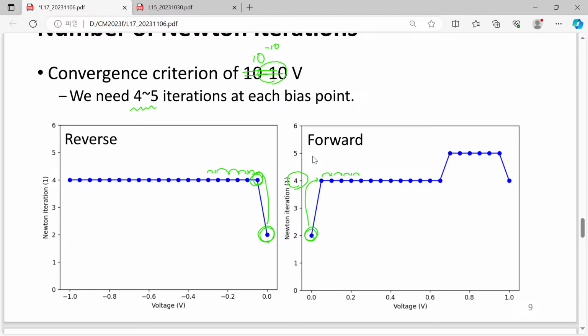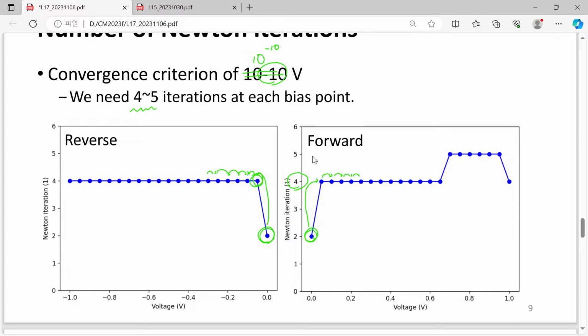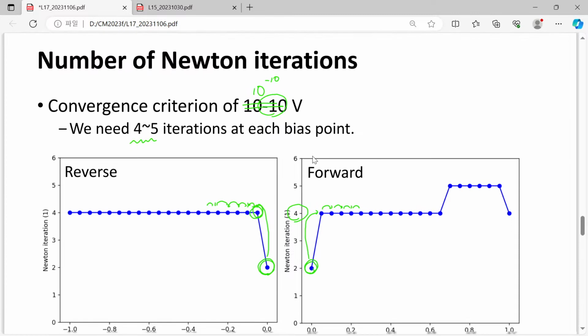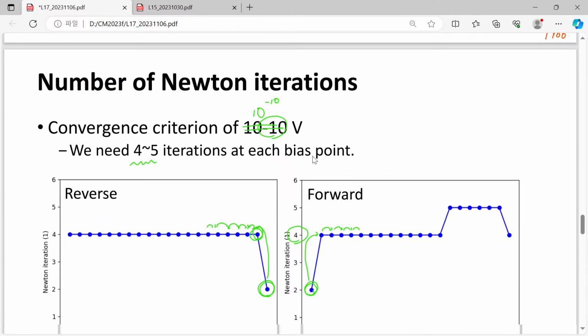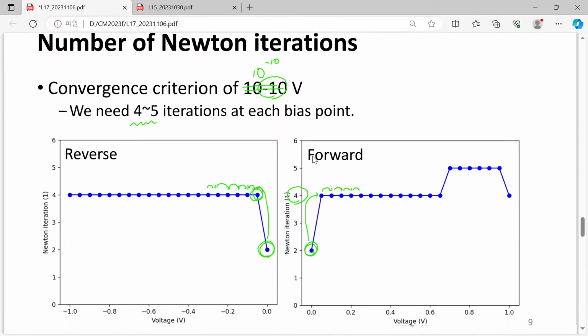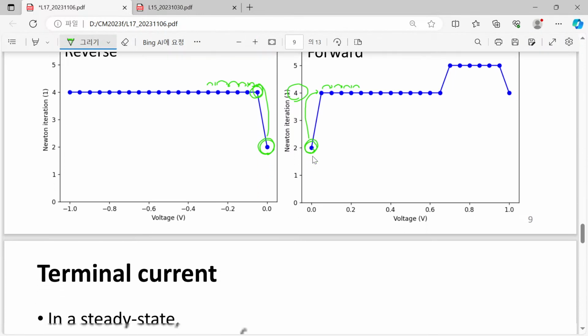So please make a neat code which can be easily debugged by yourself. Okay? So this one shows just the convergence behavior. So simply you can get the solution quite easily.